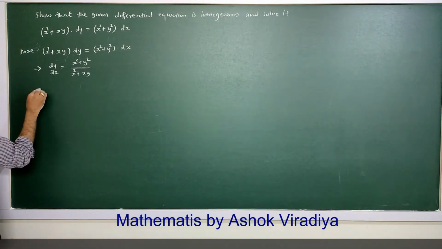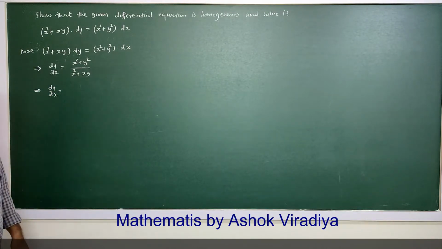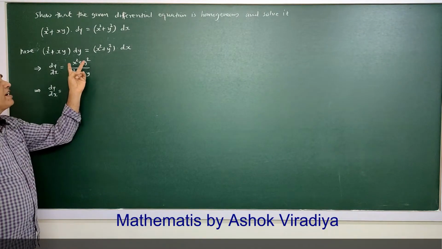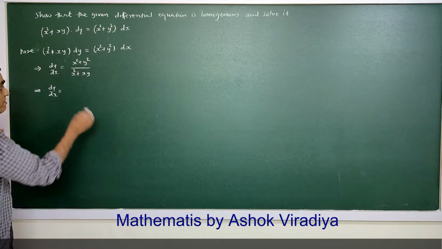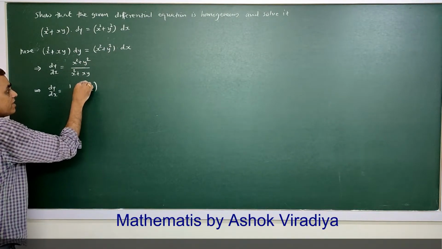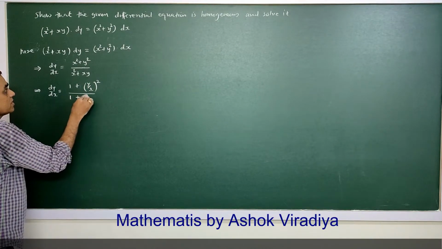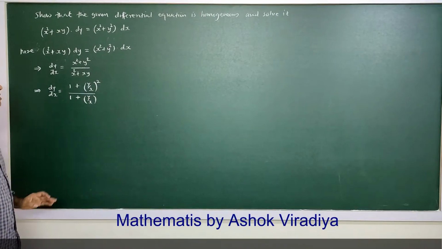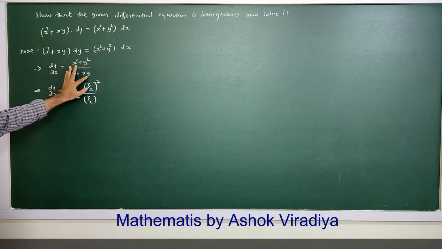Now observe numerator and denominator. I am dividing numerator as well as denominator by x square. So dividing numerator as well as denominator by x square, we get this form, 1 plus y by x whole square, divided by 1 plus y by x.